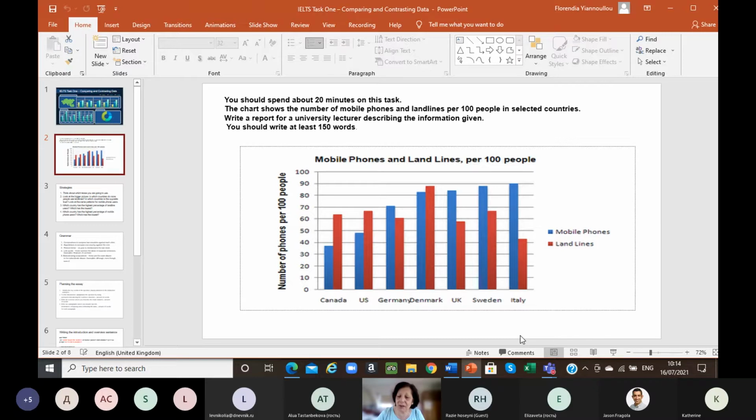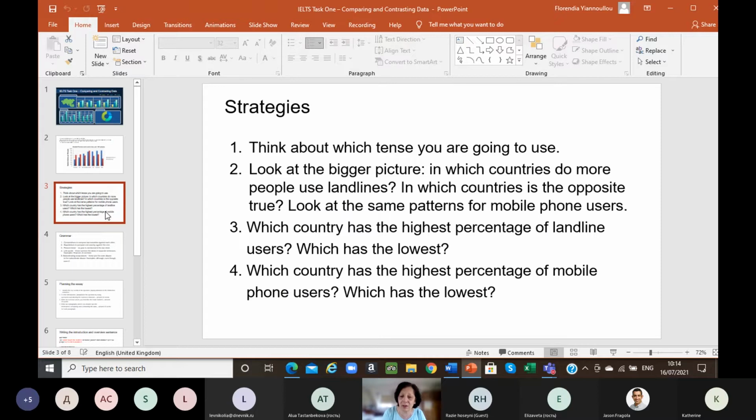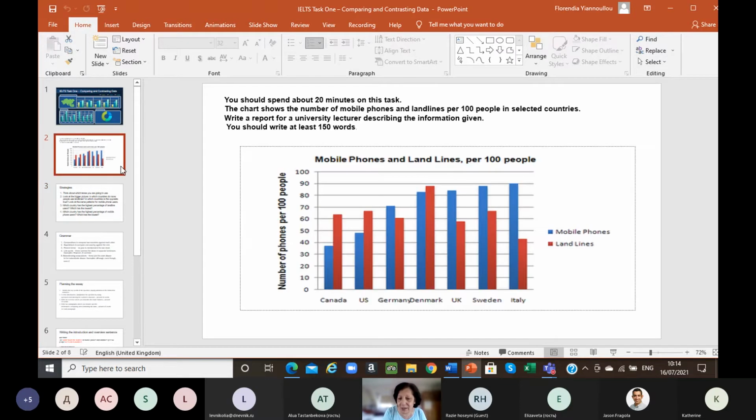If it was specific to a time period, then you would use the past tense. But here you've got no date, so you don't need it. So these are the first two things you need to consider when you take this exam. Think about the tense you are going to use. I'll use present tense because there's no year.